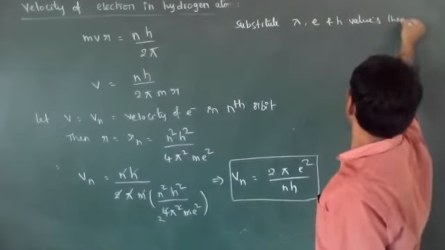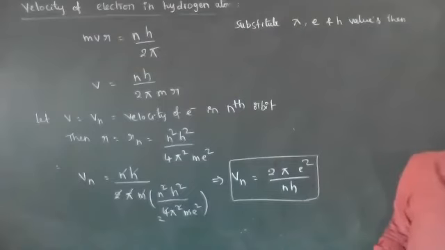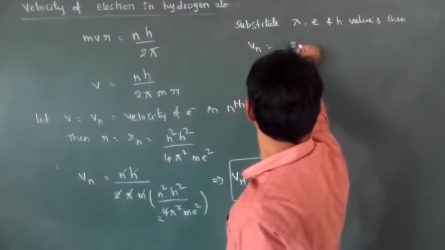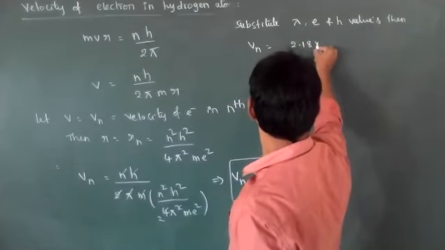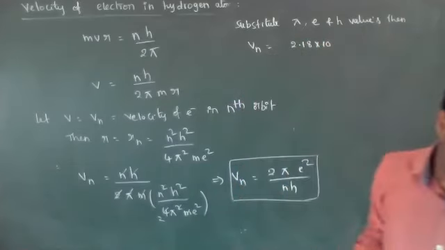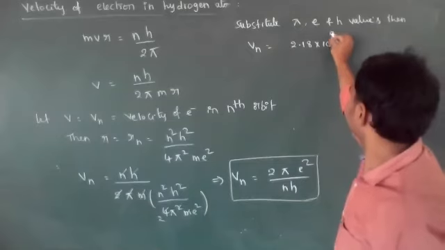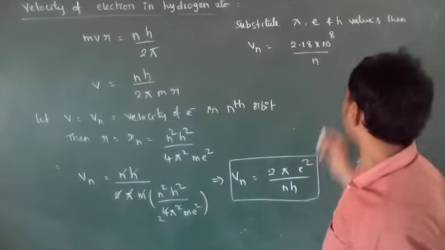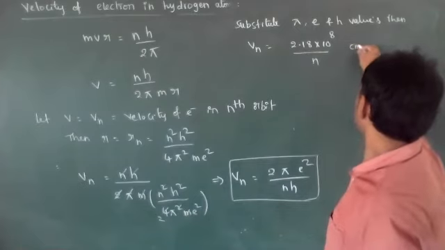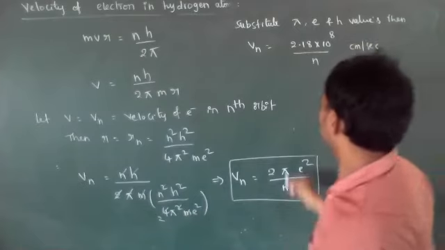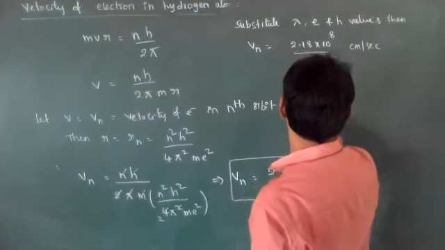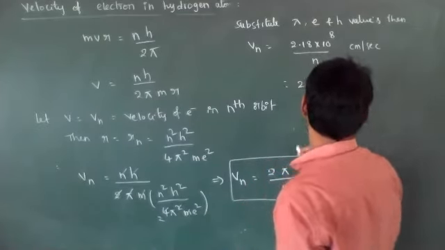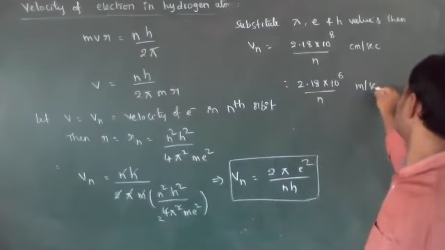then velocity of electron Vn is equal to 2.18 into 10 to the power of 8 by n centimeter per second, or 2.18 into 10 to the power of 6 by n meter per second.